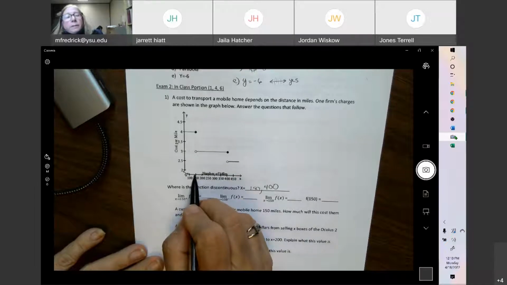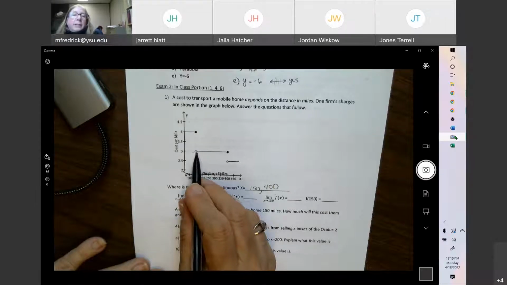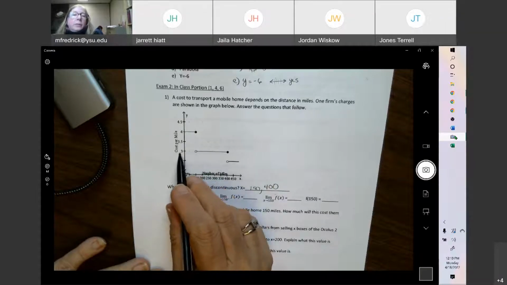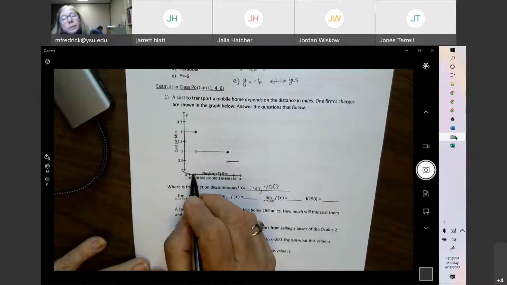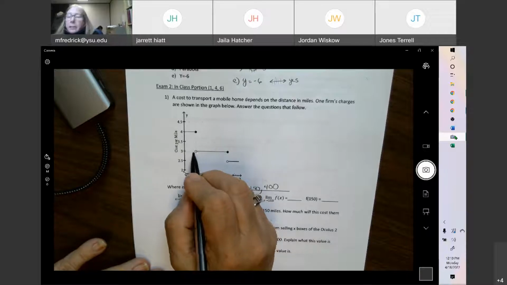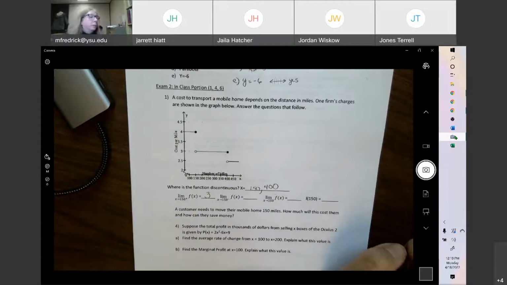So if we go to 150 and we go a little bit to the right, that means a little larger. We go up the lines here. So the cost per mile is 3. So 150, this plus means from the right. So we go on the right side, it's here at 3. Any questions on that part?